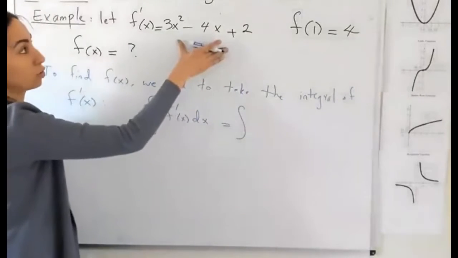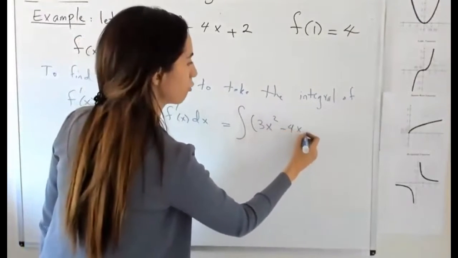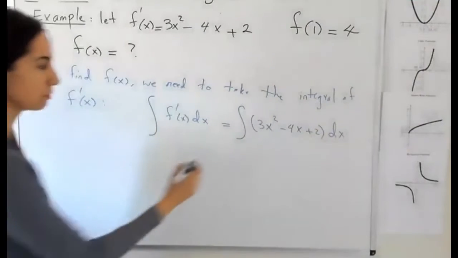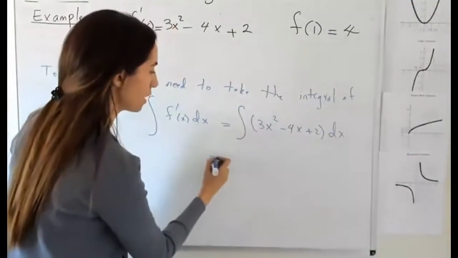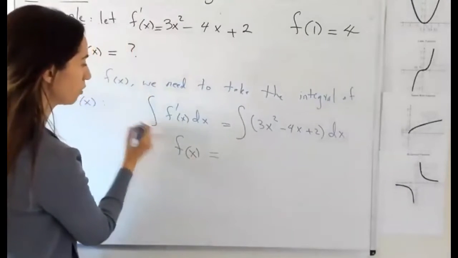You copy down your derivative, 3x squared minus 4x plus 2 dx. How many terms do we have? 1, 2, 3 terms.